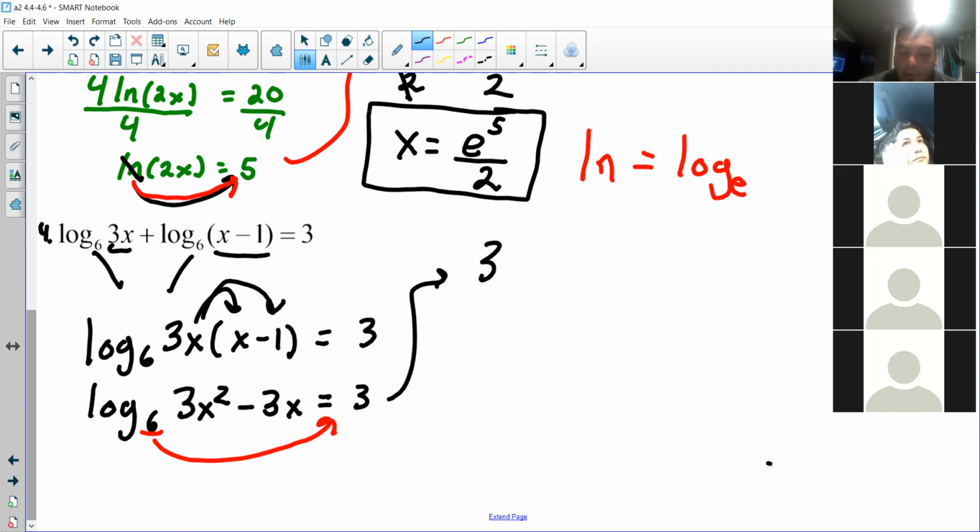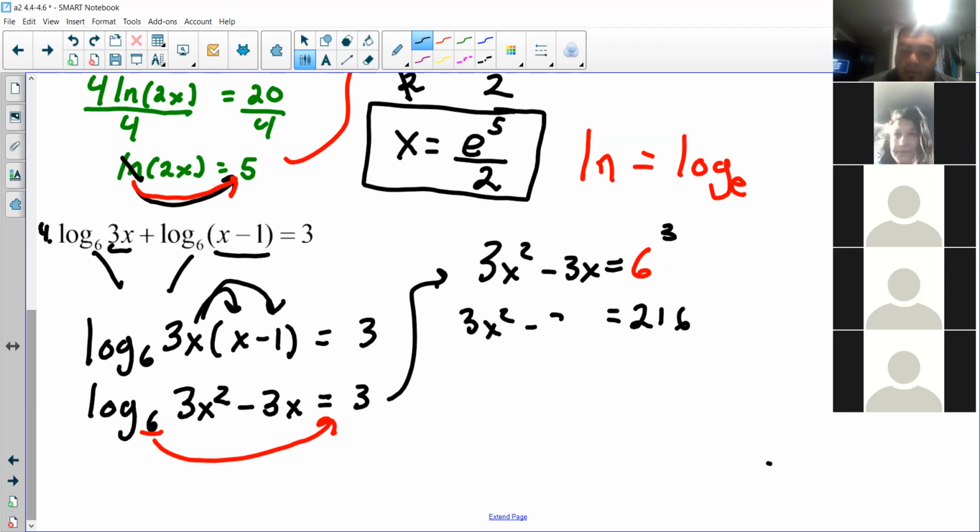So it's going to be 3x squared minus 3x equals 6 with an exponent of the third power. So the 6 on here becomes the 6 over here. 6 to the third power is 6, 36, 216.